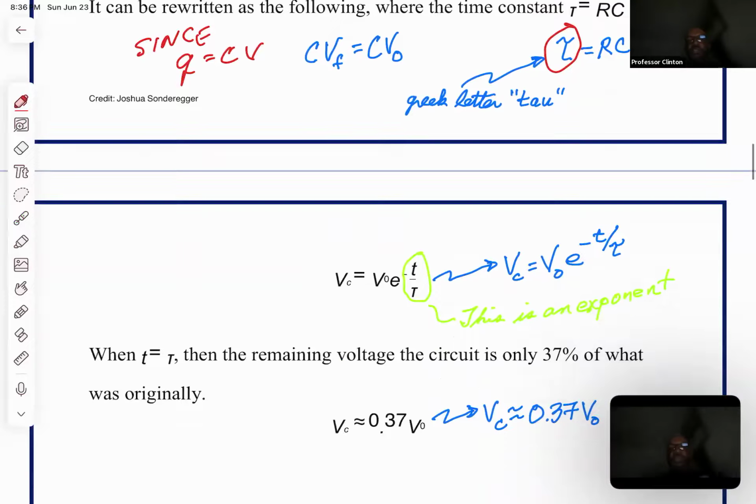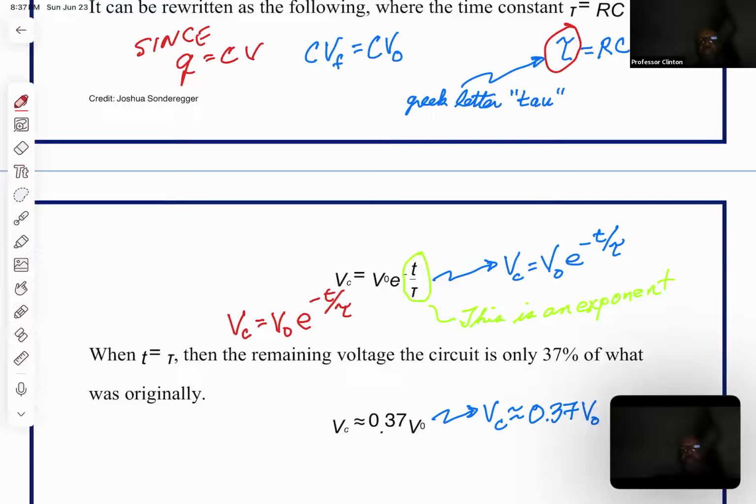Eventually we're going to have this equation that says our voltage at some particular time is equal to that initial voltage times that exponential e, 2.718, which is a constant you should find on your calculator, to the minus t over tau.